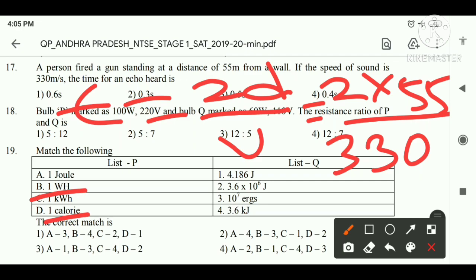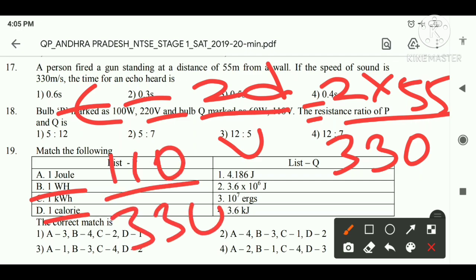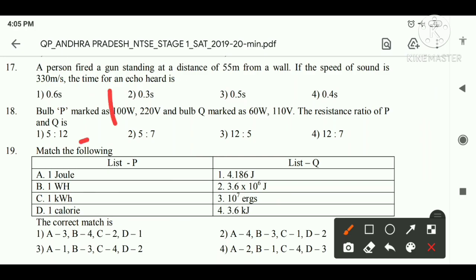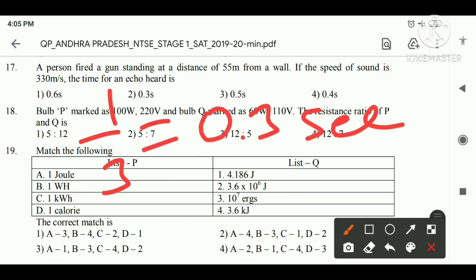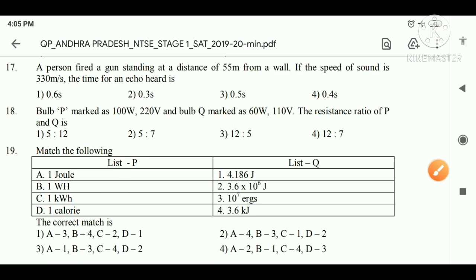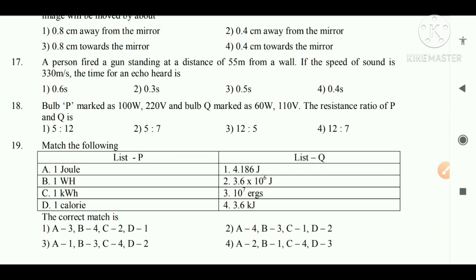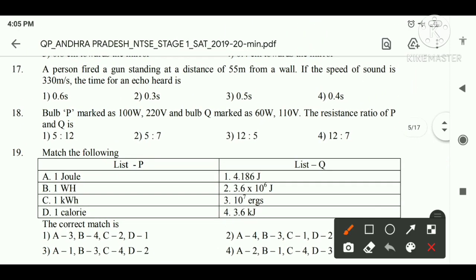Continue. 55 2s are 110 divided by 330. 0 cancel. 11 1s are 11, 11 3s are 33, so 1 by 3. So 1 by 3 value is 0.3 second. So option 2 is the right answer. Sorry, option 2 is the right answer.